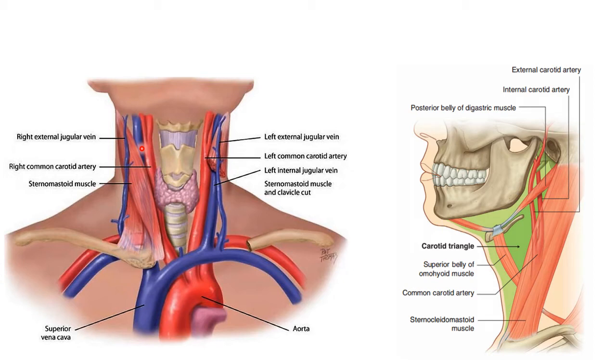That is the blood chemistry, particularly the oxygen content. And this is called the carotid body. The carotid bodies are innervated by the branches of both glossopharyngeal nerve and vagus nerve.